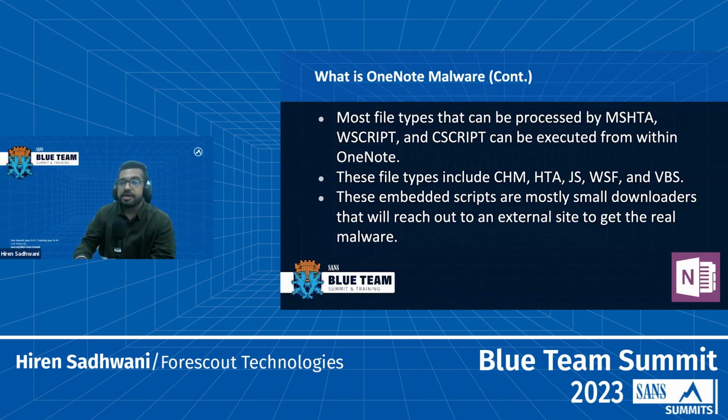These embedded scripts are usually downloaders, which can go to the internet, to the attacker server, and download the second stage payload from the attacker server and compromise the system.